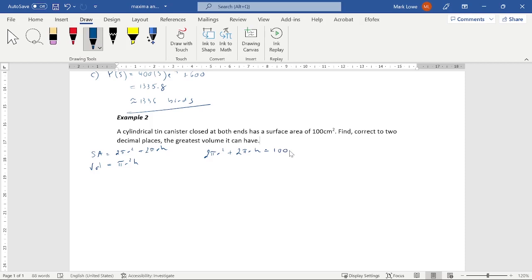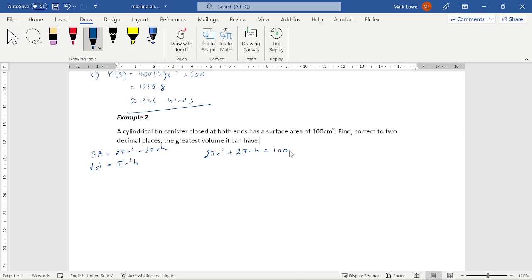And so it's definitely going to be easier if we rearrange that and make h the subject, because we've just got the one term with h in it, as opposed to r, which has got r and r squared.